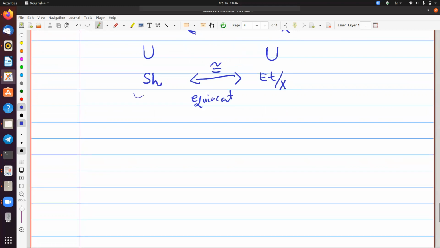But what is this, pre-sheaves with sheaf condition?